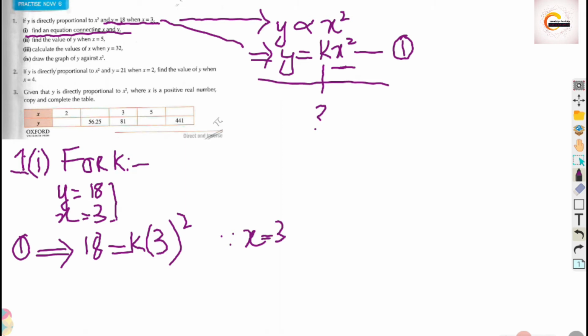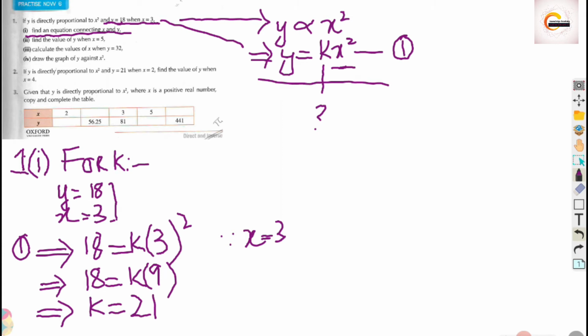So we have to put the value of x in our expression, and 18 is equal to k into 3 into 3 is 9. Now the value of k is 2.